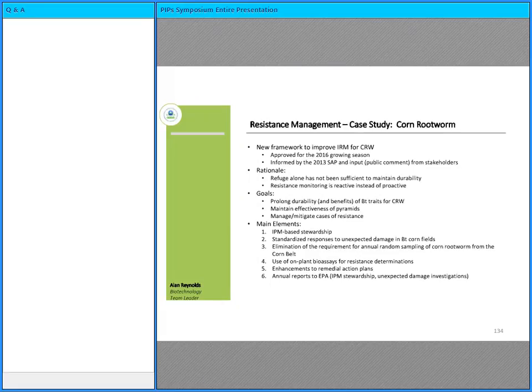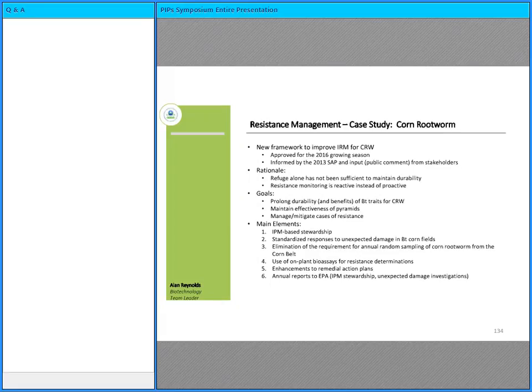Okay, so the main elements of this new framework, and there were 6 of them, I'm going to go through each one of them in a little more detail. But we have an IPM-based stewardship program that we implemented. We standardized responses to unexpected damage in Bt corn fields. We eliminated the requirement to do what we called annual random sampling within the Corn Belt.